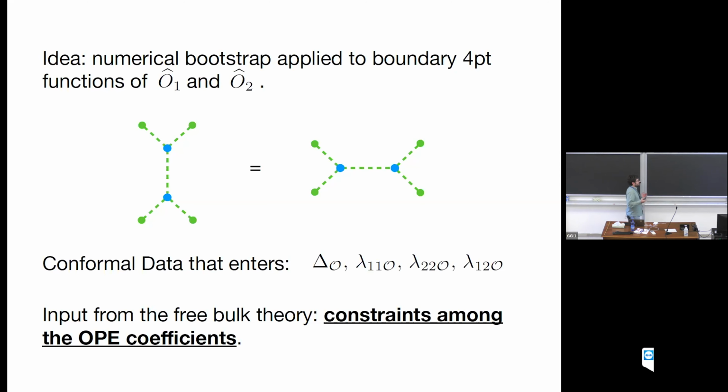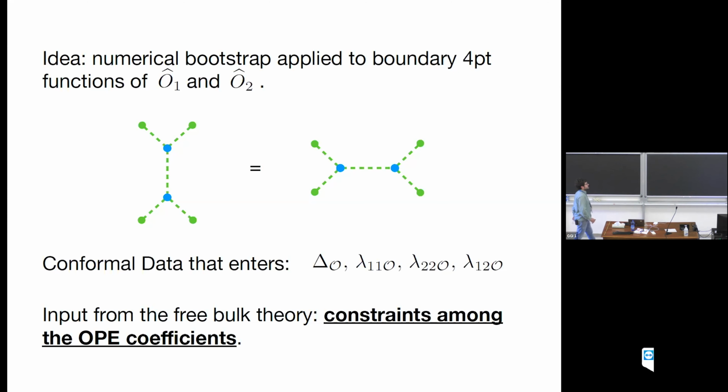Okay, so what is the idea that we are going to use instead in this case? As I was saying before to Sergio, in this case we have two protected operators, the ones that we started the discussion with, which are O hat 1 and O hat 2. I forgot to mention that on boundary quantities, it's conventional to always put hats. And these two operators, O hat 1 and O hat 2, we know their dimensions, and they are always present universally in these interacting boundary conditions of free fields.